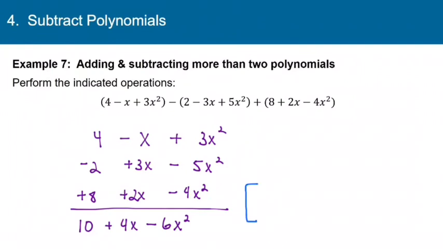So if you entered this answer into MyLabs Plus as negative 6x squared plus 4x plus 10, that would be perfectly fine and just as acceptable as this order. So in a polynomial, remember that the order of the terms does not affect the value of the expression, but just to make things easy to read, we normally do write them in descending order.